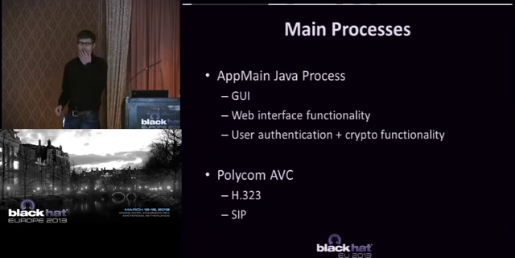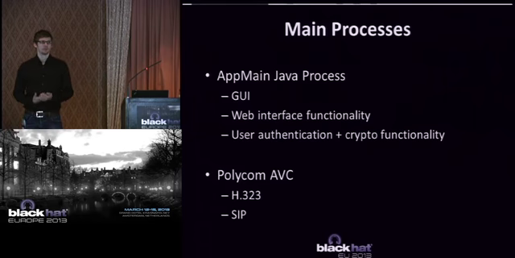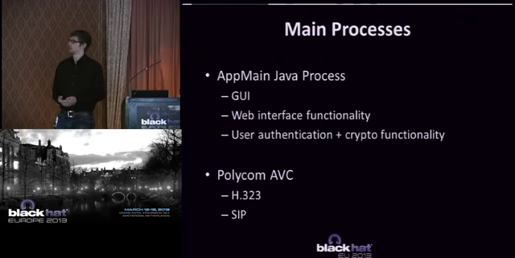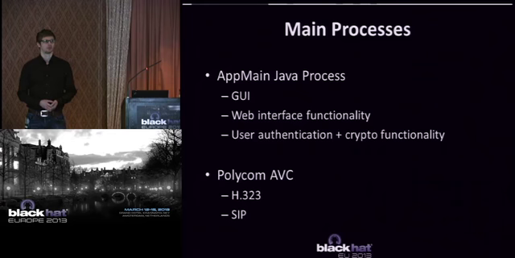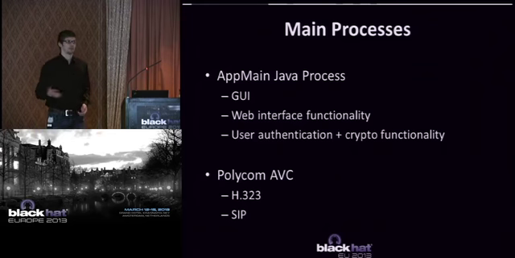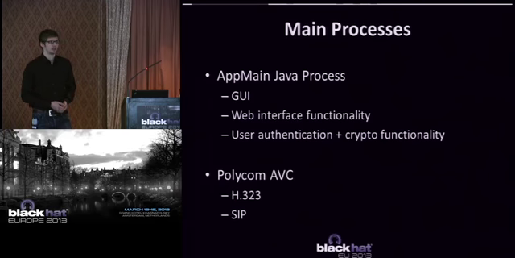So there are two processes running which are more important than others when it comes to bug hunting. The first one is called the app main Java process, which is basically responsible for the GUI, and it also implements web functionality.